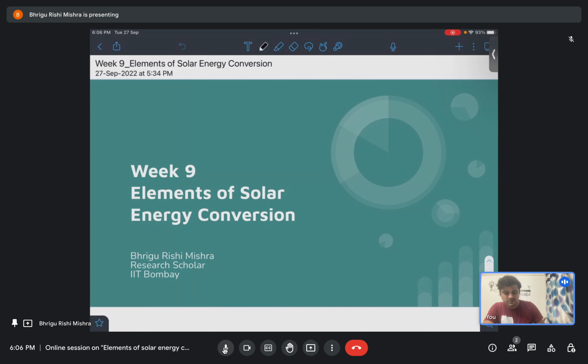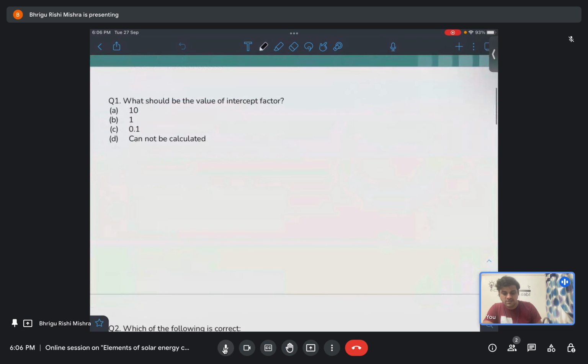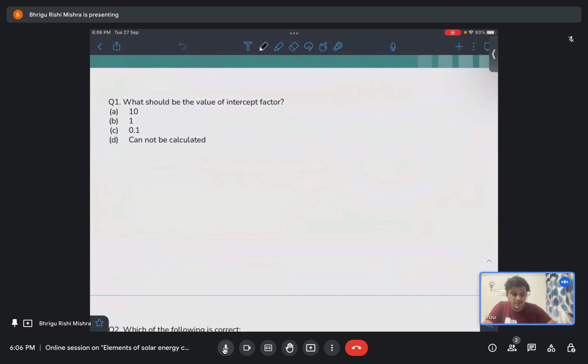Okay, so let's start. So the first question is, what should be the value of intercept factor? So there is an intercept factor for the concentrating collectors. Okay, so first I want to give you just a brief overview of what is a concentrating collector, and how this concentrating collector has been used for solar energy conversion.